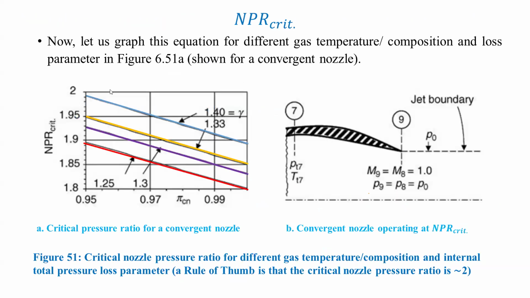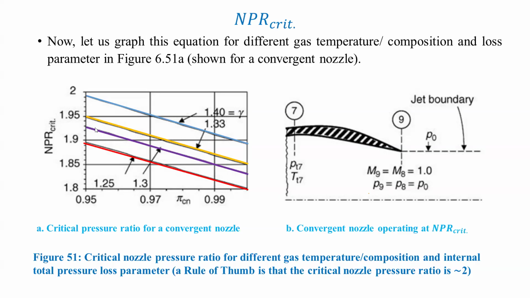Observing this figure, the above equation for different gas temperature, composition and loss parameters, we can show the convergent divergent nozzle condition.